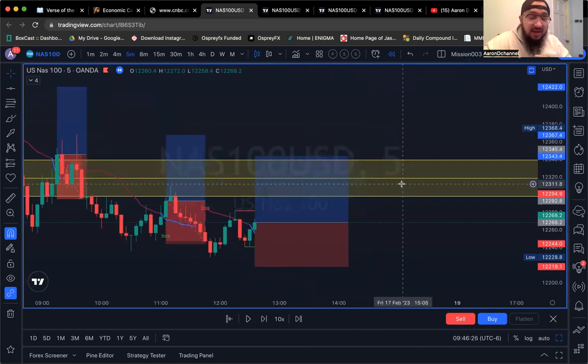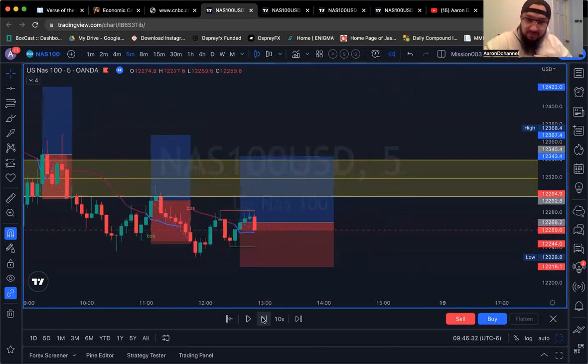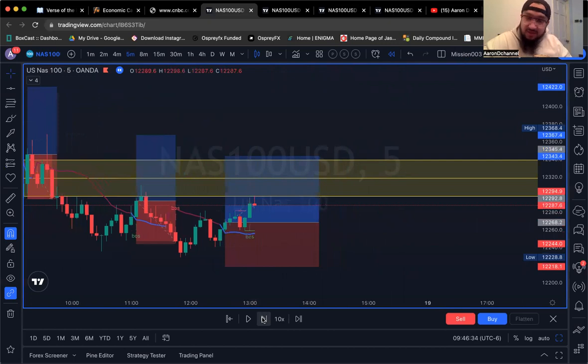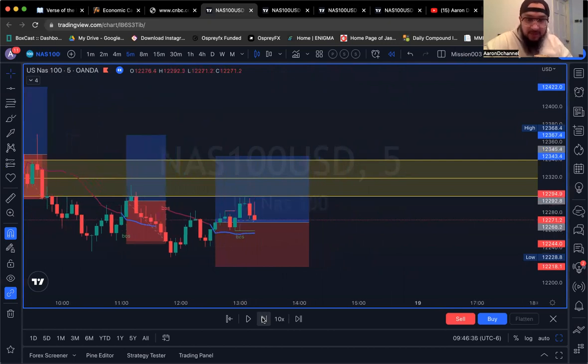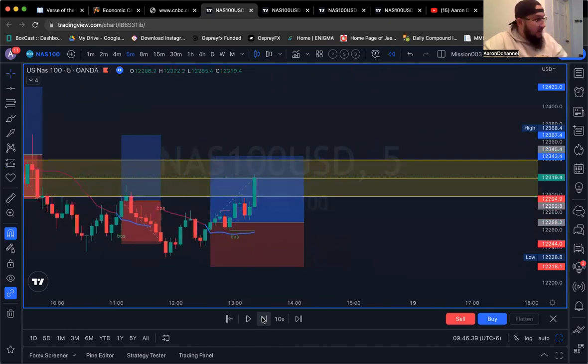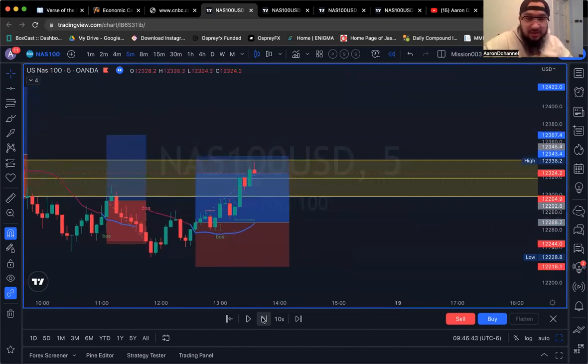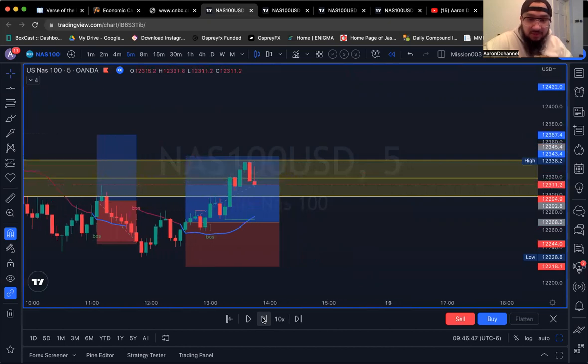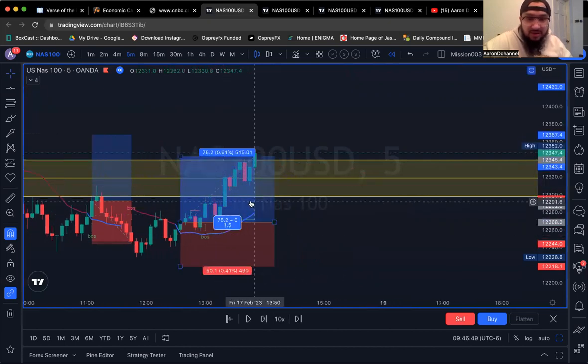Now let's see if this is the moment where price wants to continue up. We see some movement that goes in our favor, and then a candle that says yes, we want to go up higher. Then we see a couple more opportunities where price is coming up, and there we hit our target.